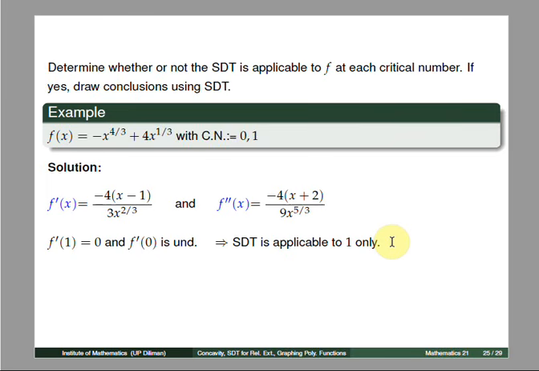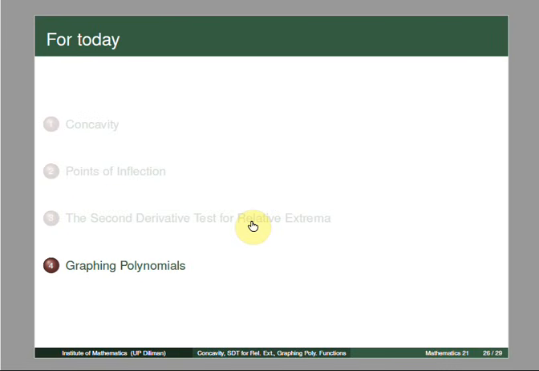Now let's check for the second derivative at x equals 1. Substituting 1 in f double prime, we should get negative 4/3. You can verify this, which is less than 0. So we have a negative second derivative. By the second derivative test, f has a relative maximum value at x equals 1.